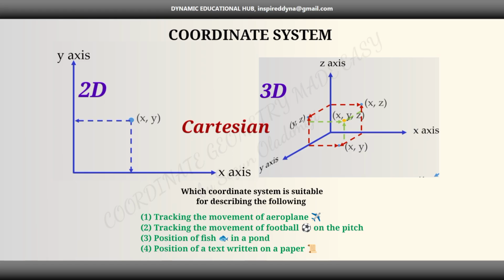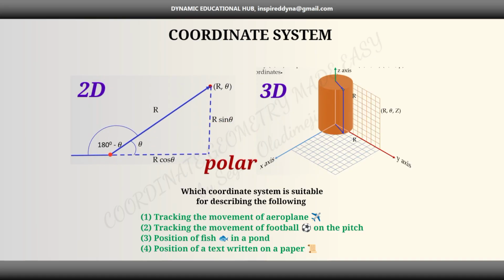Now we have the 3D coordinate system. We have X, Y, and Z, and all these axes are perpendicular to each other. Then we have polar coordinates, which use distance and angle. The angle is taken from the X axis or the polar axis, and you have your radius, the distance between the reference point and the point whose position you are representing.